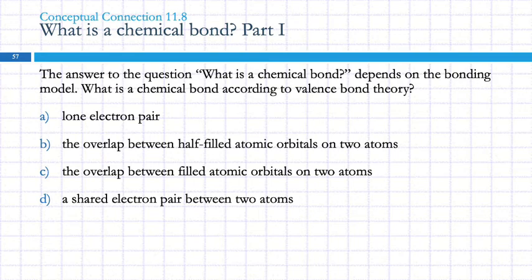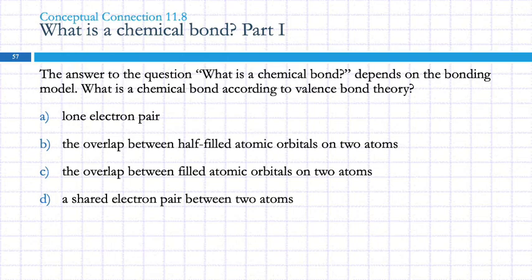So the answer to the question, what is a chemical bond, will depend on the bonding model that you're thinking about. So according to valence bond theory, what makes a chemical bond? A lone electron pair, the overlap between half-filled atomic orbitals on 2 atoms, the overlap between filled atomic orbitals on 2 atoms, or a shared electron pair between 2 atoms.